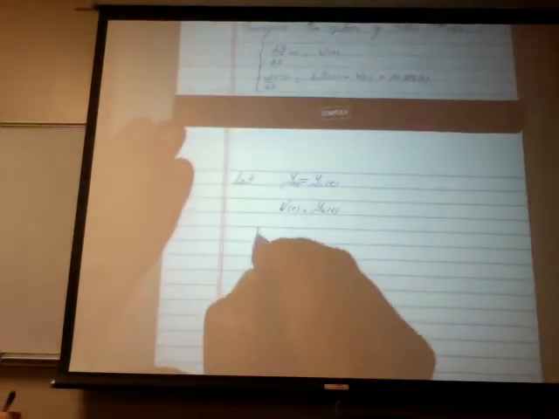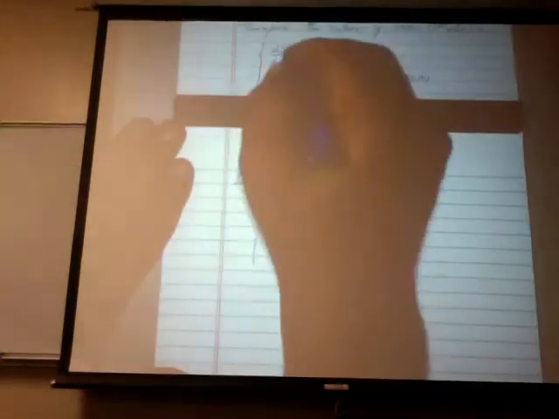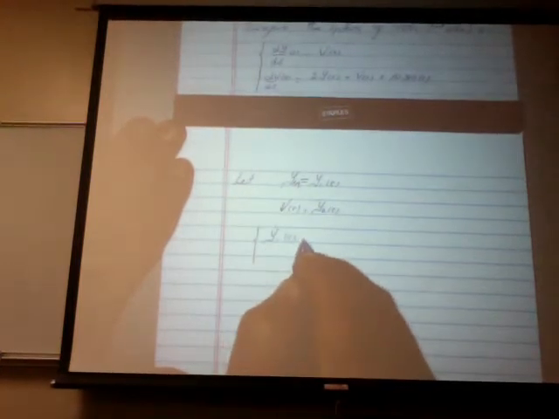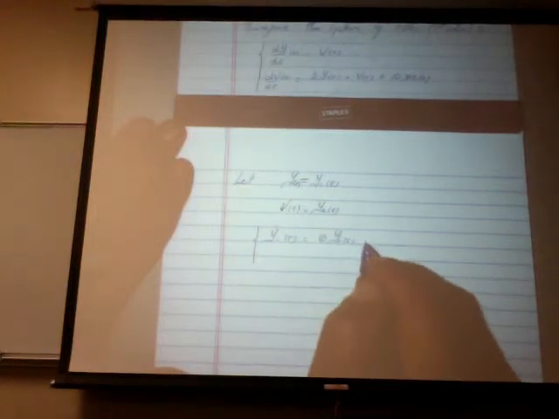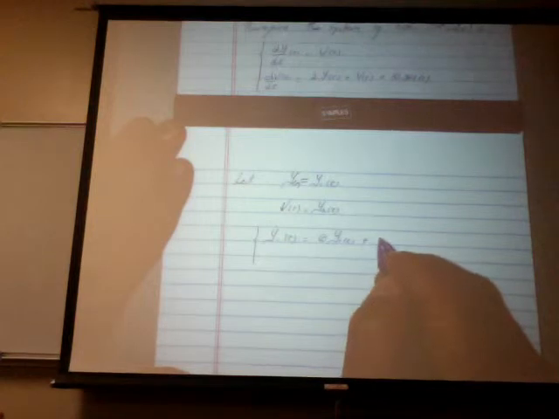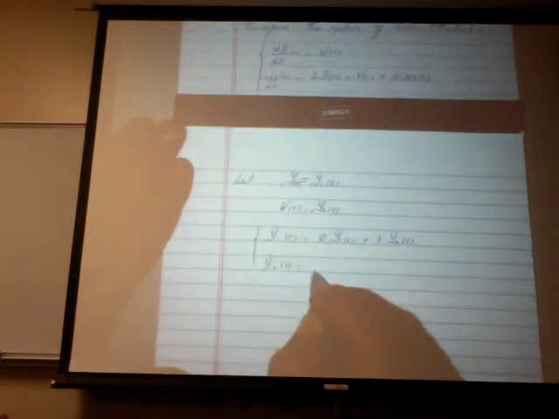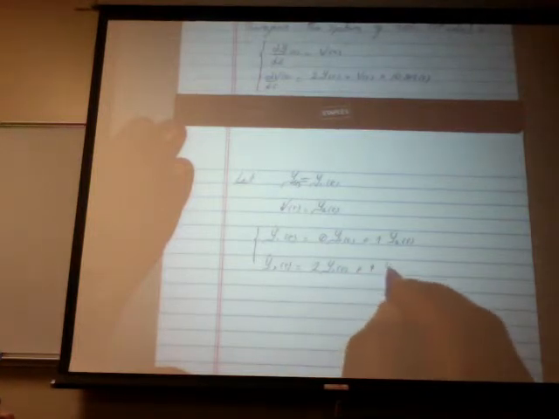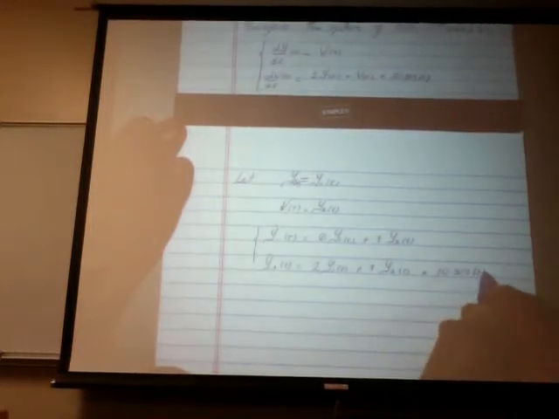So now we have y1 prime of t equals 0 y1 plus 1 y2, and y2 prime of t equals 2 y1(t) plus 1 y2(t) plus 10 sine of t.